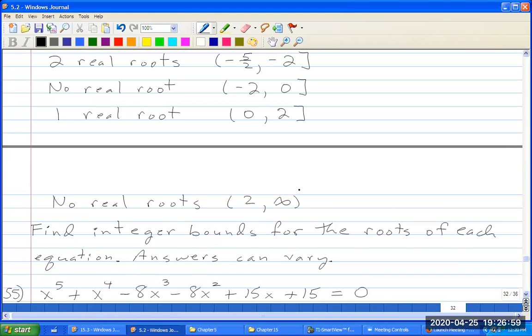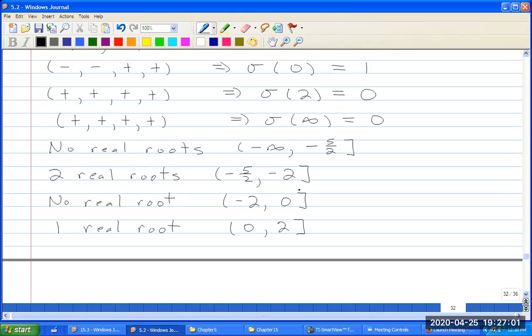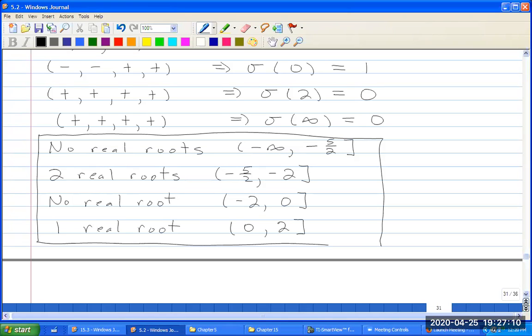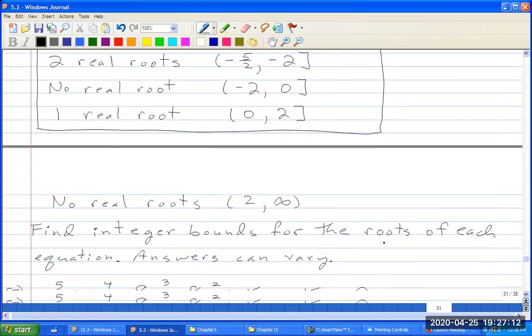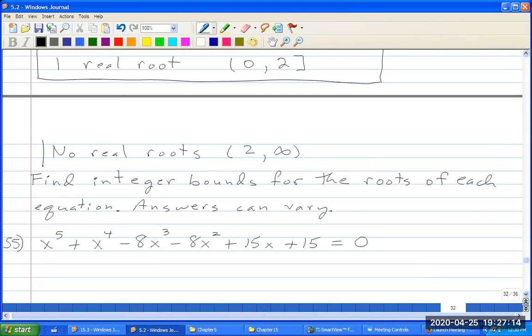Okay, so I've split it up into several pieces. So with this theorem, we're able to give pretty good bounds on what's happening.